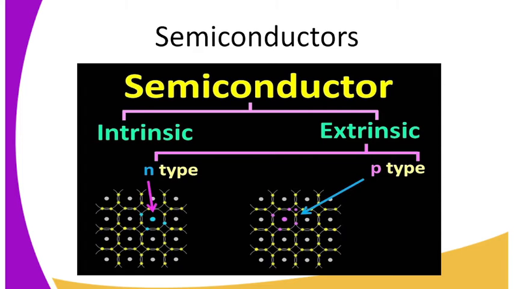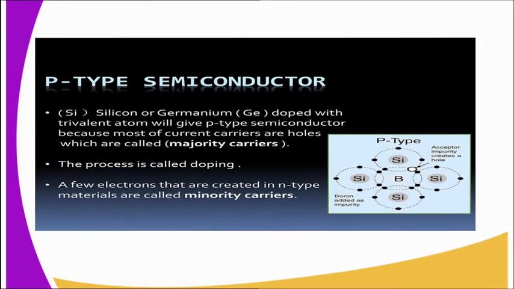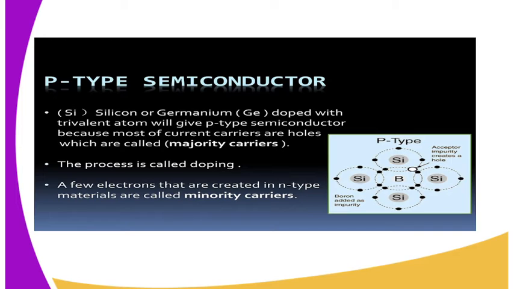Next, we have the p-type semiconductor. The p-type semiconductor is obtained by doping intrinsic semiconductors with trivalent atoms.